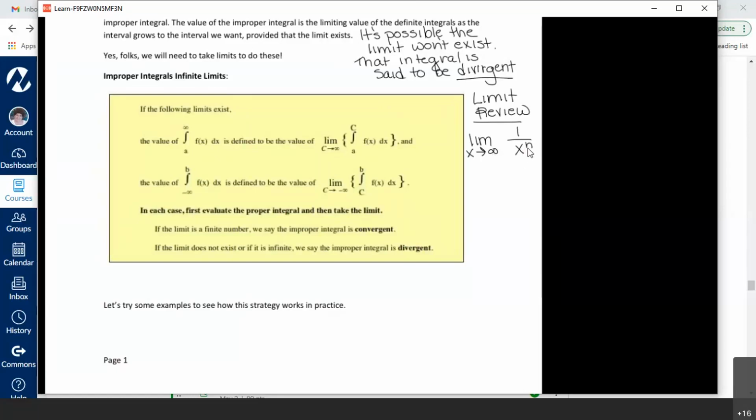And this can be either x to the first, it can be x squared, it can be x cubed, right? But some power of this value, but it's in the denominator, okay? And again, what you want to realize, if the denominator of a fraction gets large, this limit equals 0. Okay, so as the denominator gets large, the fraction approaches 0.